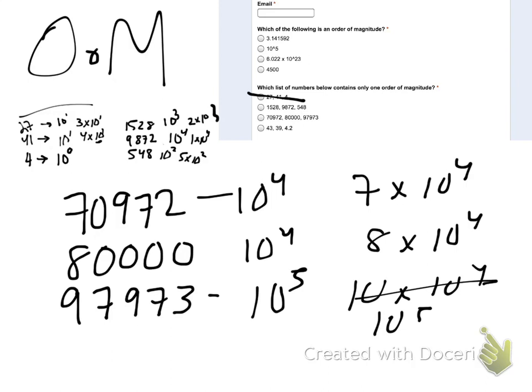We'd have 4 times 10 to the first, 4 times 10 to the first, and 10 to the 0. So obviously those are out. So yeah, C was what was supposed to be your answer, but the quiz writer did a terrible job.